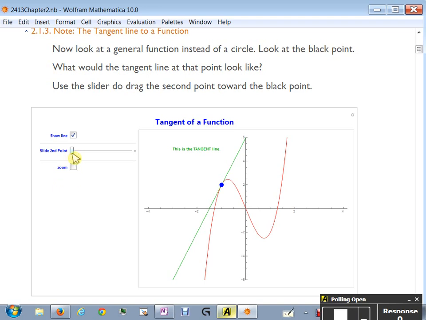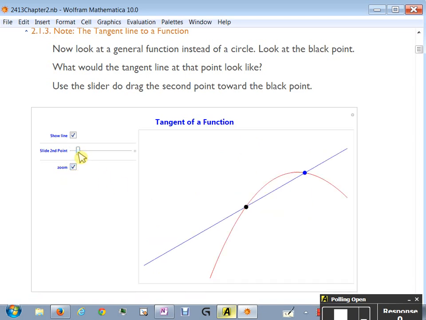Now, I'd like to zoom in into this little region. I can get as close as I want to that black point, infinitesimally close. Once I get on top of it, and it's the same point, then that's the tangent line.